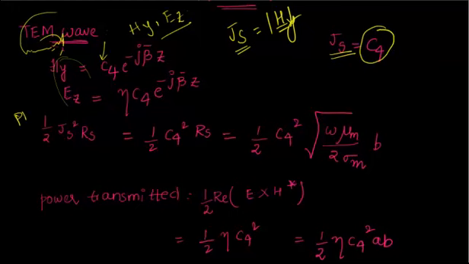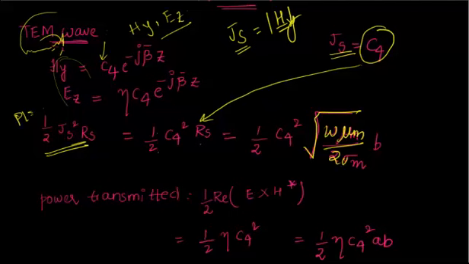Now the power lost, calculated the same as before, is half into JS square RS. That is half into C4 square into RS. RS, I have told you, is root over omega mu m by 2 sigma m. I am writing B also here so as to indicate it is per length.